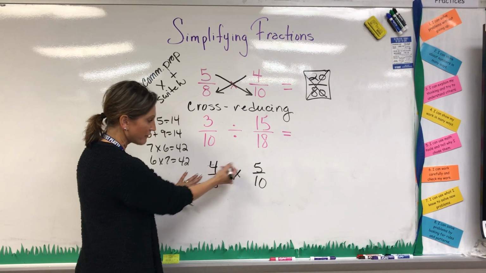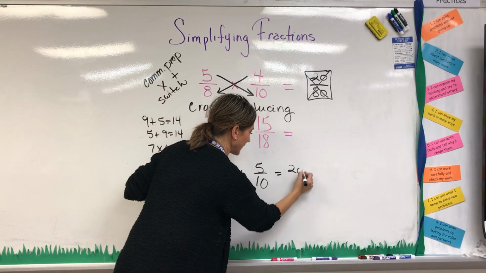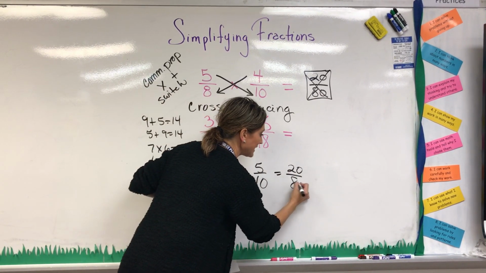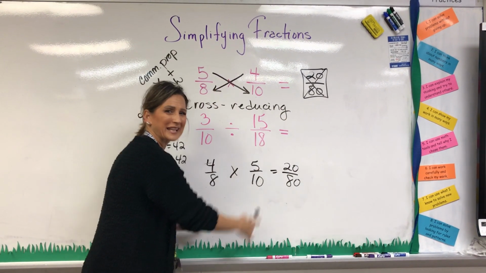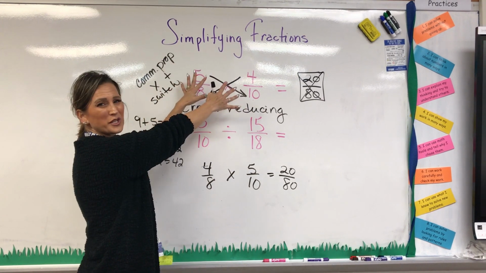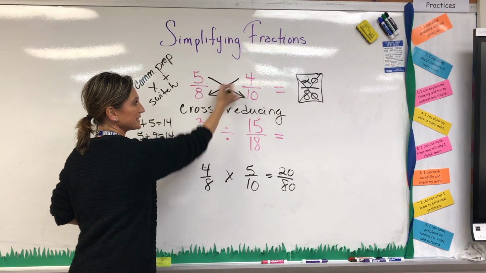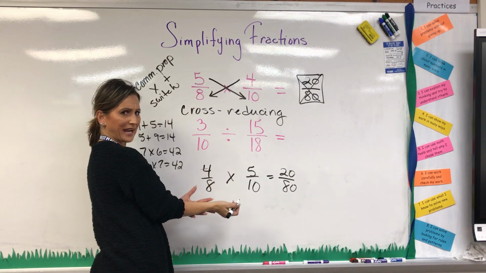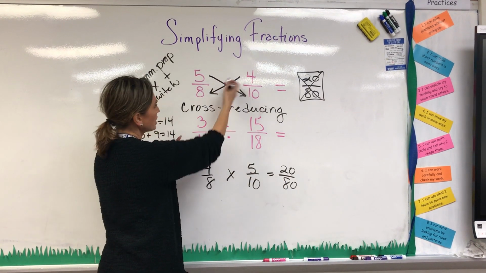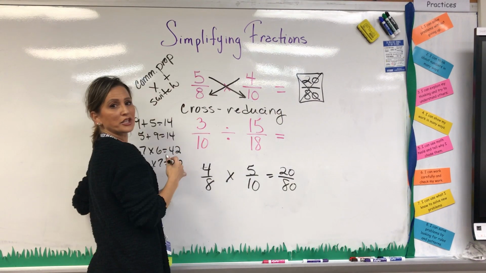But if I look at this, 4 times 5 is 20, and 8 times 10 is 80. That's the same answer I got up here. But if kids forget to simplify, they need to do it sooner. So it's the same if I now can cross-reduce. Those fractions still gave me the same product. So instead of waiting to the end, I'm going to do it up front.